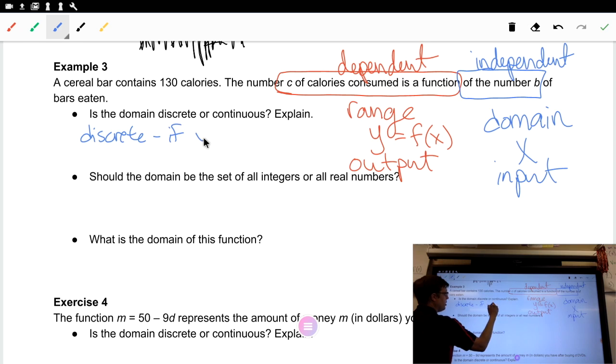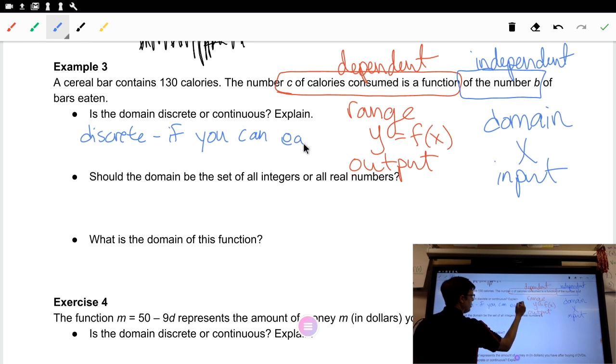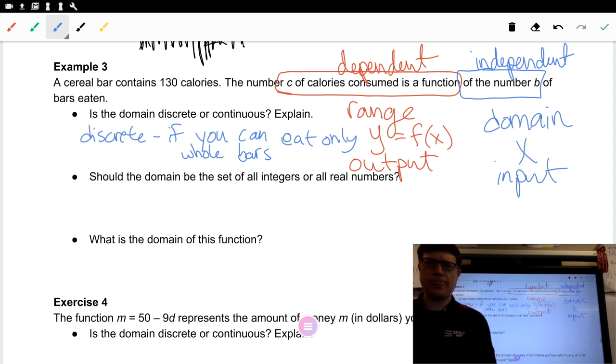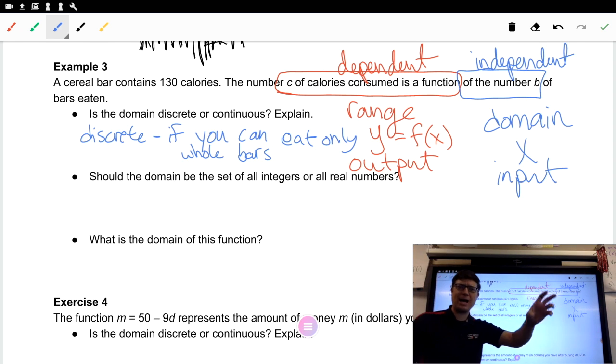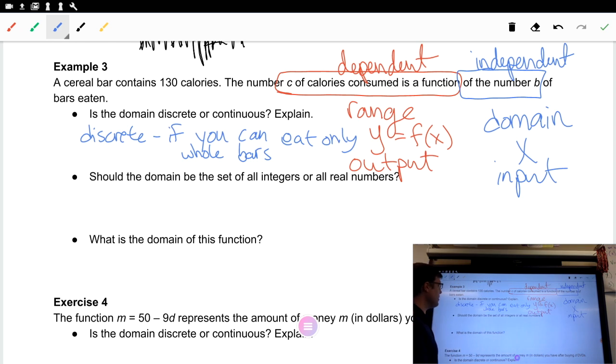I will say it's discrete if you can eat only whole bars. No fractions of a bar. No irrational amounts, like square roots of 2 bars, can be eaten. Which, by the way, is why I think it should be only discrete ever.